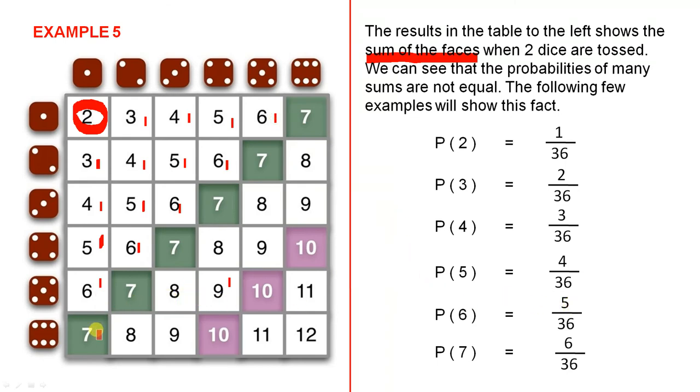And the probability that the sum is 7: 1, 2, 3, 4, 5, 6, which is 6 over 36. So you can see that those probabilities are definitely not equal. So they're examples which show you that there are events in life where the probabilities are not equal.